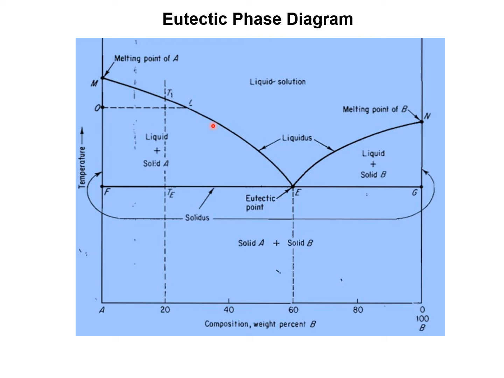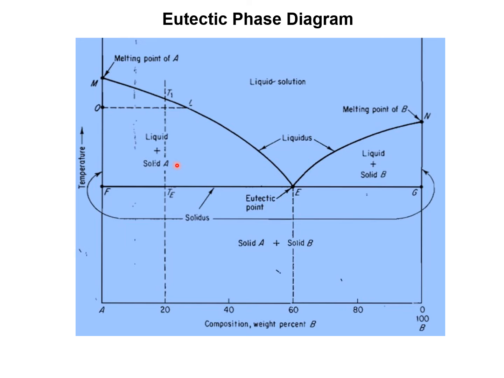Now we have to mark the various regions in the eutectic phase diagram. First, above this region it is entirely liquid solution, so it is a single phase liquid solution. Coming to this region, there is liquid plus solid A, that is solid A grains.